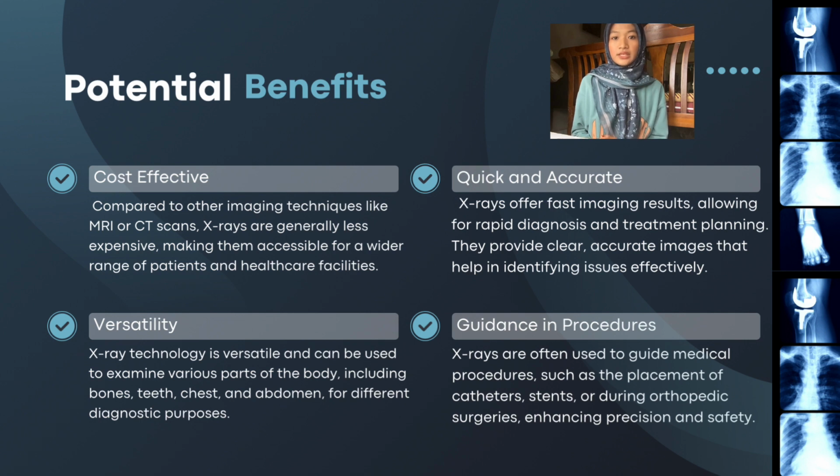Moreover, X-ray imaging yields detailed and precise images of the internal structures of the body, allowing for accurate diagnosis of various medical conditions, including fractures, infections, and abnormalities. This combination of speed and accuracy enhances patient care by expediting diagnosis and facilitating prompt initiation of appropriate treatment.